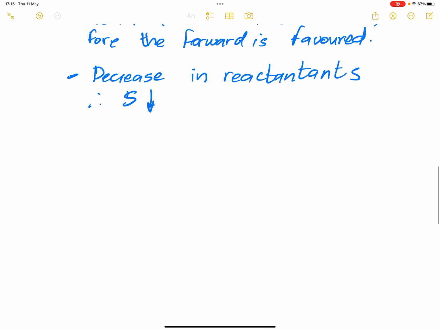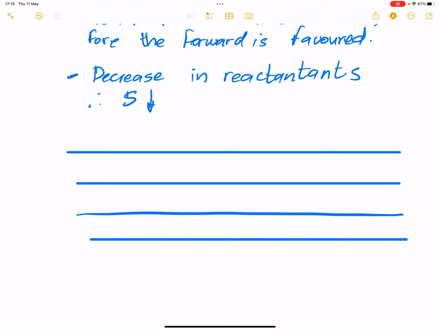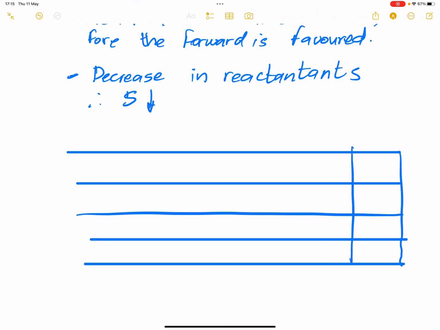So what we're going to do is just go back to that table method. You call it the ICE table, some call it the RICE table, whatever you decide to call it. So we know we've got the initial. Now remember, what will be our initial amounts?